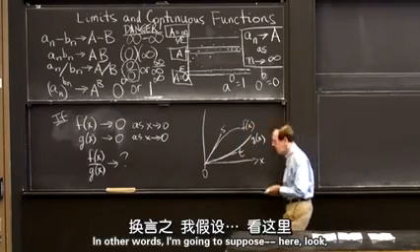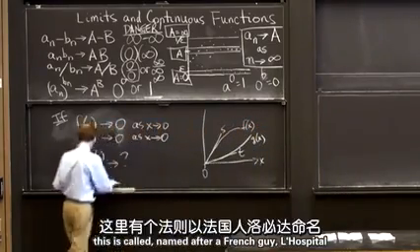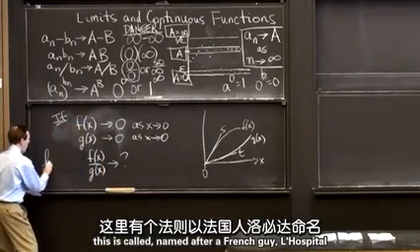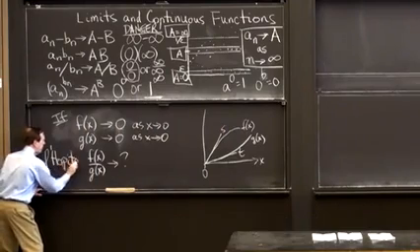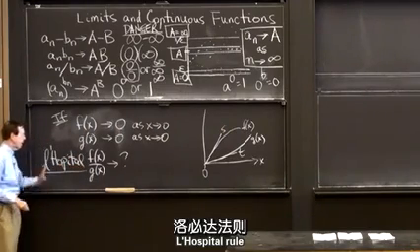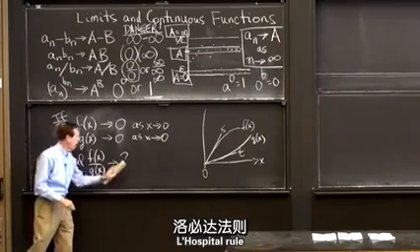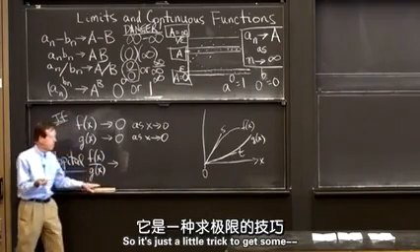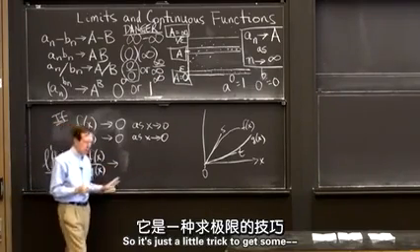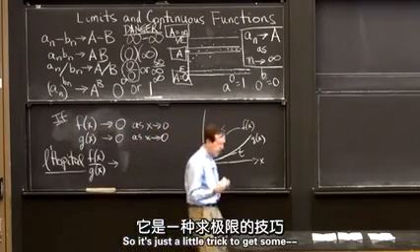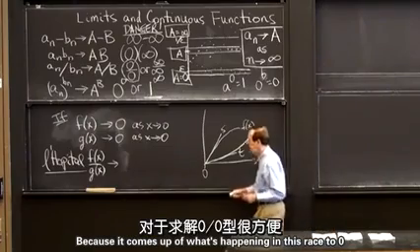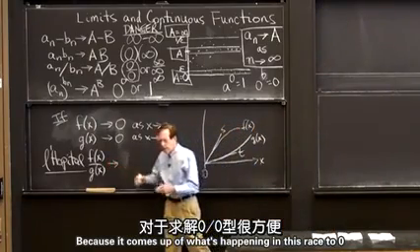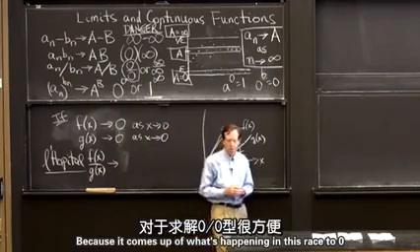In other words, I'm going to suppose, here, look, this is called, named after a French guy, L'Hôpital. The hospital rule. Okay, so it's just a little trick to get some, because this comes up of what's happening in this race to 0.